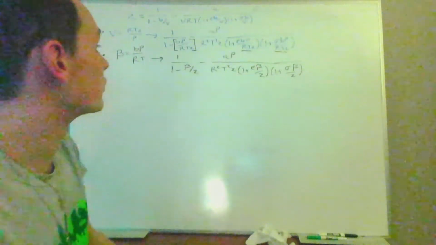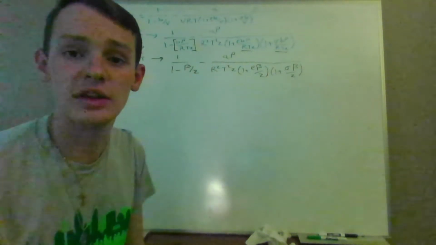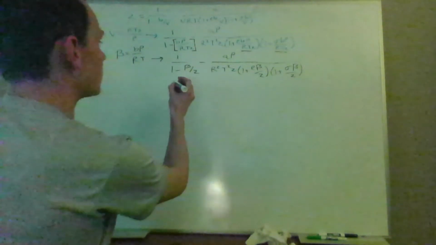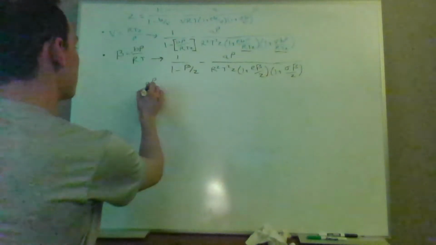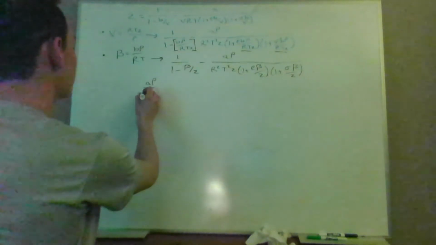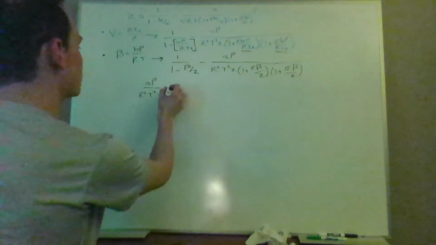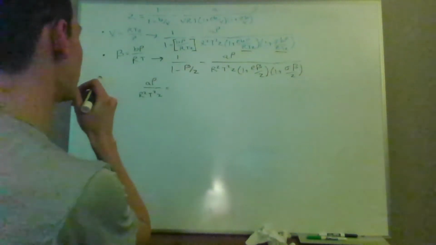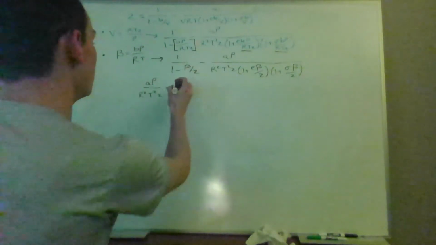Now let's try to represent this AP over R squared T squared Z. So let's see if we can break this up and figure something out. So we have the parameter A times the pressure, ideal gas constant squared, temperature squared, times Z. And let's kind of try to break this up into stuff that we do actually know.